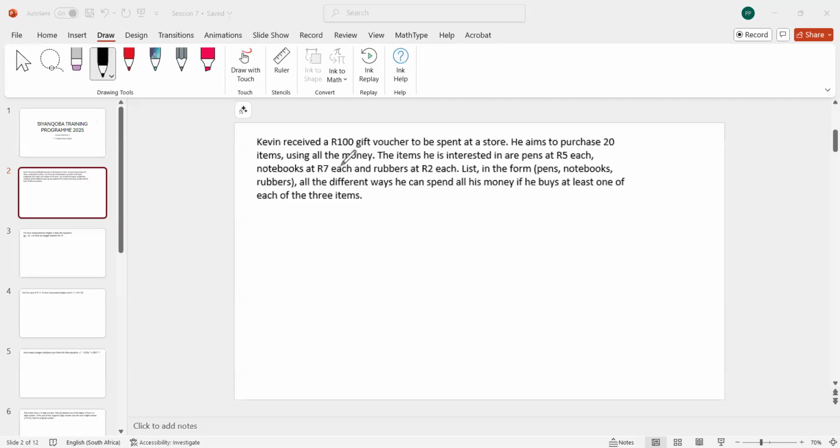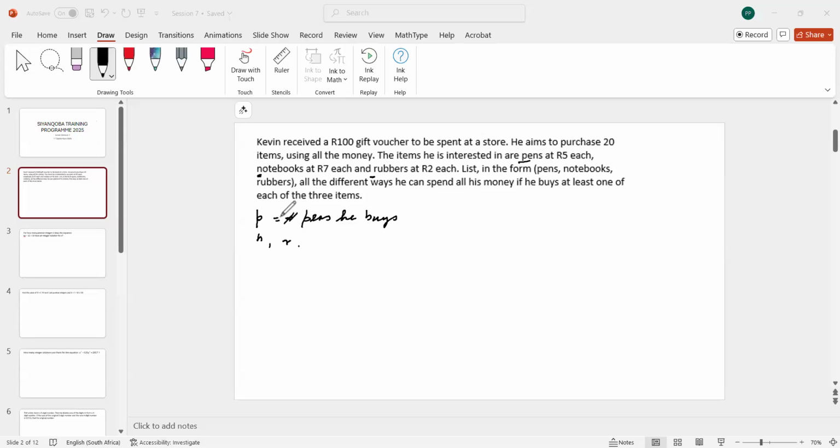So let us say P equals the number of pens he buys, and likewise, N for notebooks, and R for rubbers or erasers.